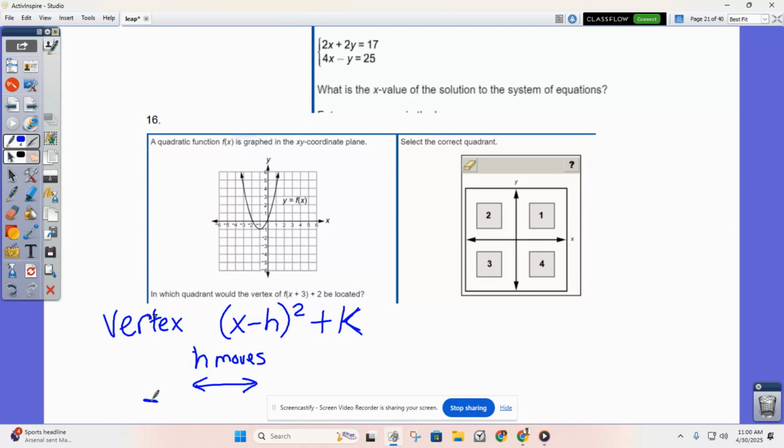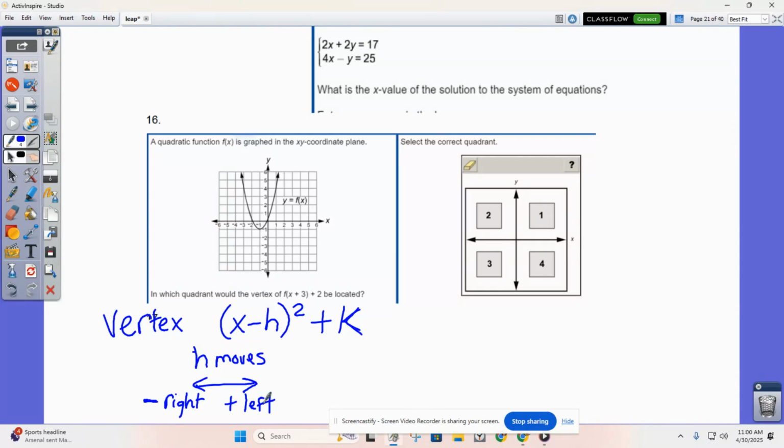So a minus is actually going to go to the right and a plus to the left. The k value, you put it right on the left side.